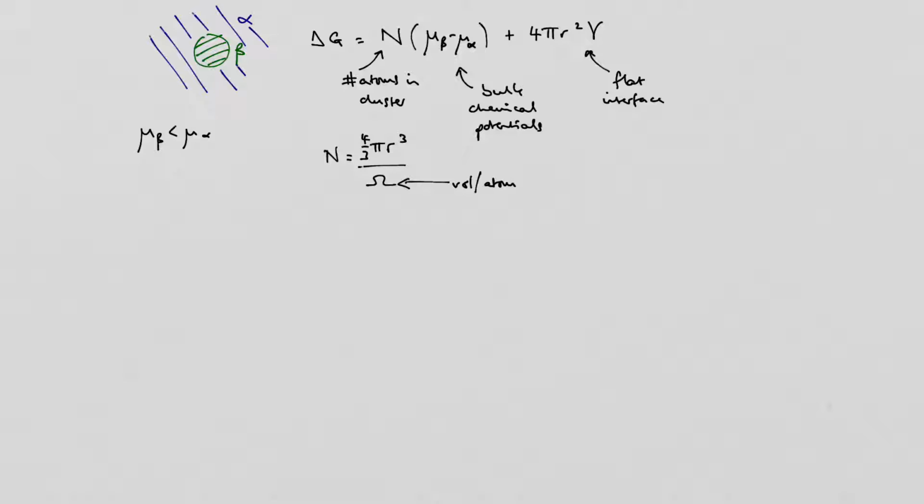Okay, so my delta G is 4 pi over 3 omega times r cubed times the difference in chemical potentials.